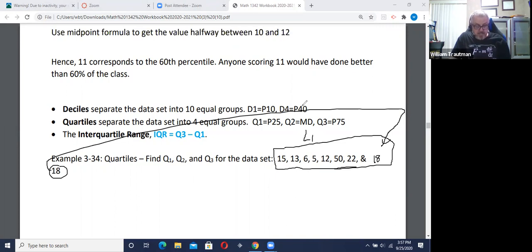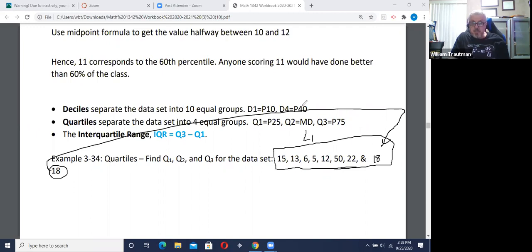Stat, number 1, edit. Clear the list 1 that you had. 15, 13, 6, 5, 12, 50, 22, and 18.